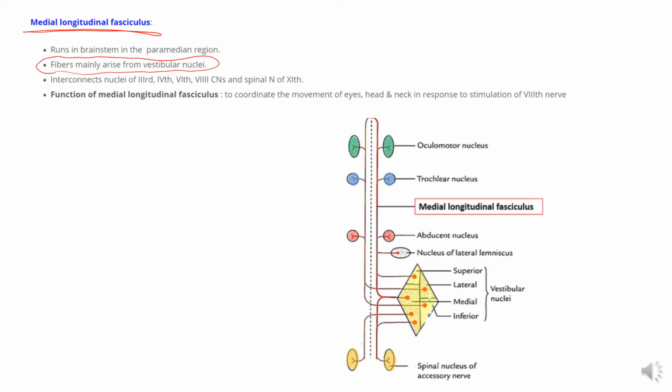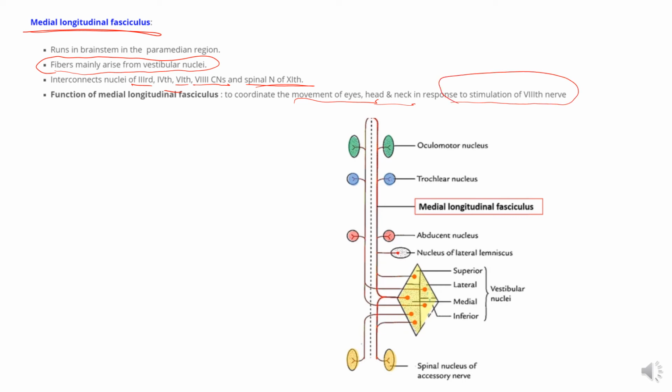So fibers of the medial longitudinal fasciculus arise from the vestibular nuclei and then interconnect nuclei of third, fourth, sixth, eighth and 11th spinal nerve. Function of the medial longitudinal fasciculus is to coordinate movements of eyes, head and neck in response to stimulus to the vestibulocochlear nerve.